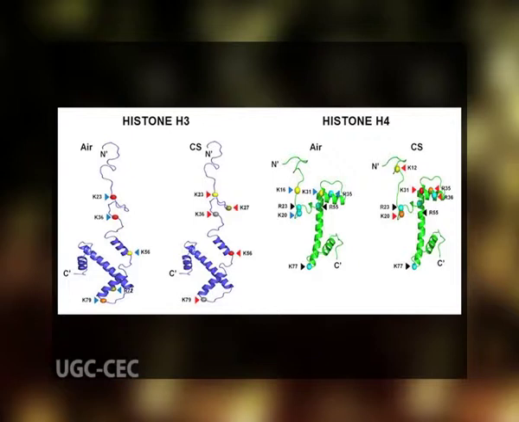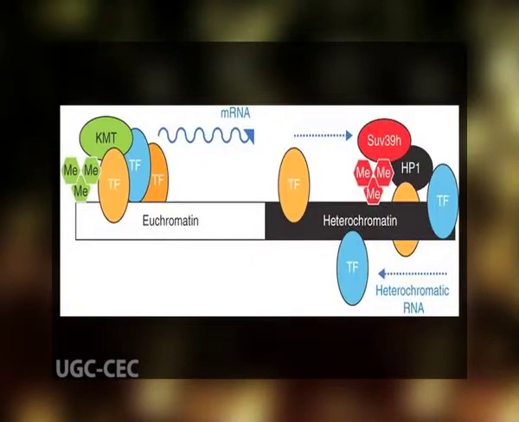Removal of the acetyl groups from H3 and H4 histones is among the initial steps in conversion of euchromatin into heterochromatin. The correlation between transcriptional repression and histone deacetylation can be seen by comparing the inactive heterochromatin X chromosome of female cells, which contains deacetylated histones, to the active euchromatin X chromosome, whose histones exhibit a normal level of acetylation.